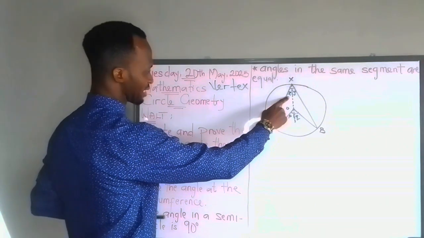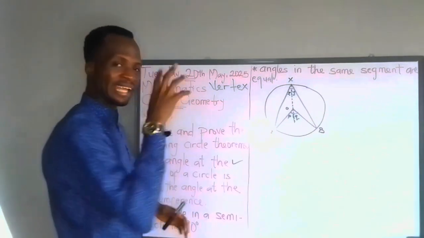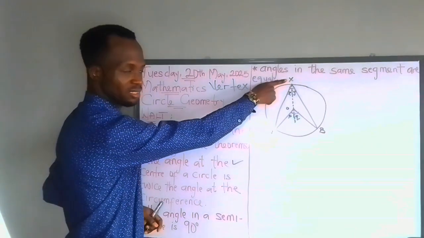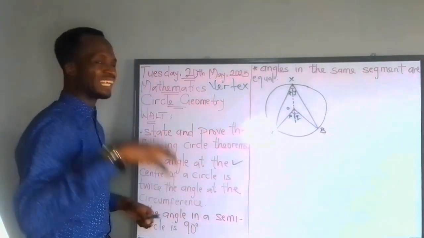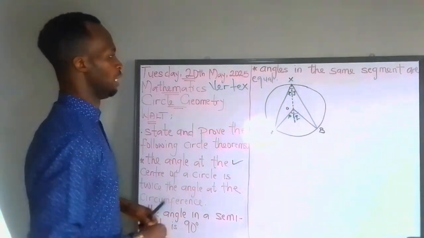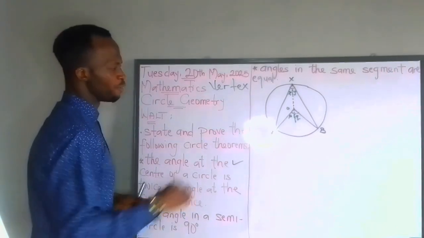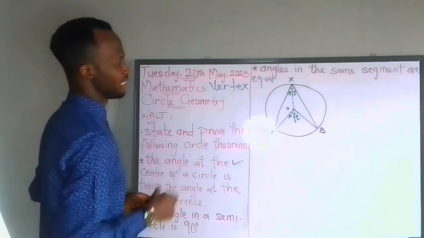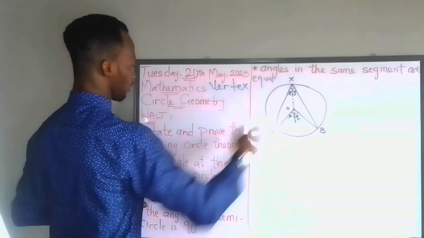So angles X and Y are the angles at capital X. Angles P and Q are the angles at O, the center of the circle. So what do we notice from here? If you pay attention closely, you will see that there are two triangles here.